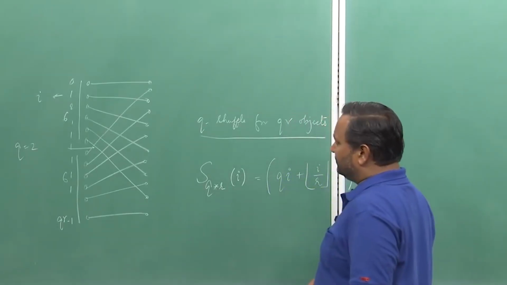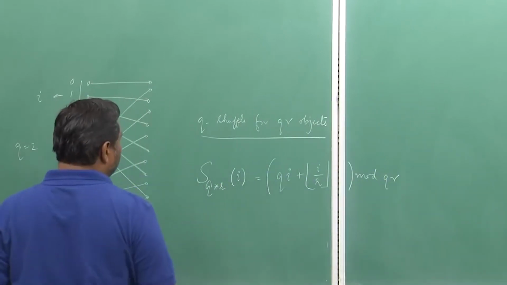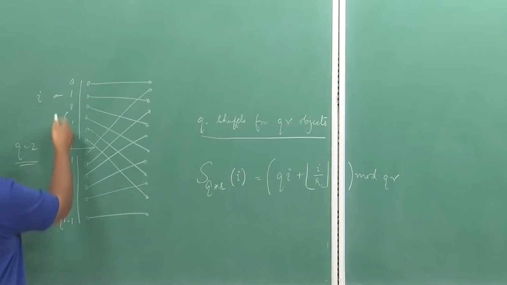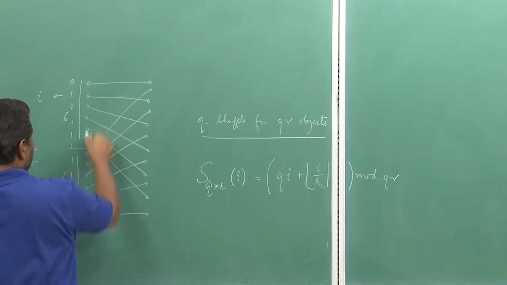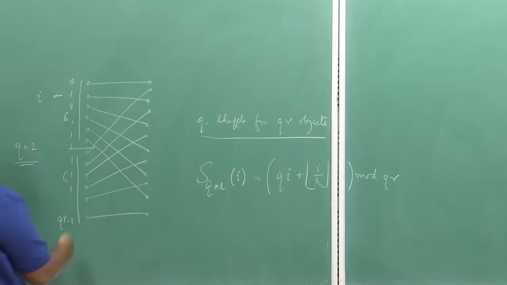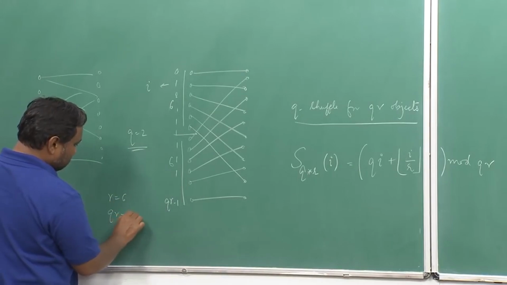Let us see what is going to happen in this case. Here Q is equal to 2, and there are a total of 12 objects, so I have to count from 0 to 11, that is where my index entries should be. So QR is 12 in this case, and R is 6.